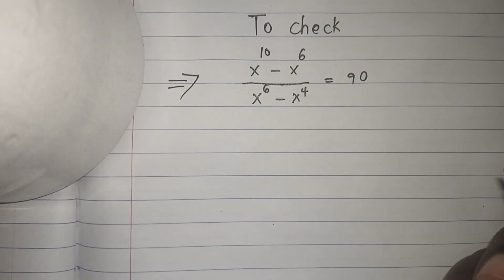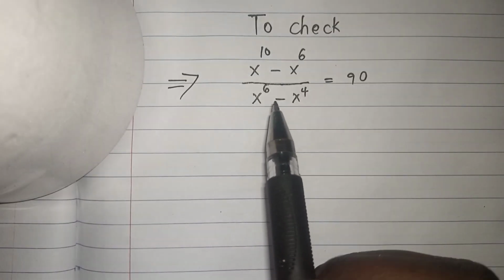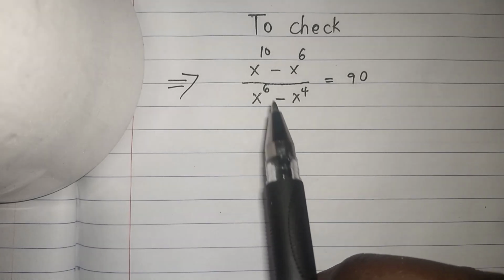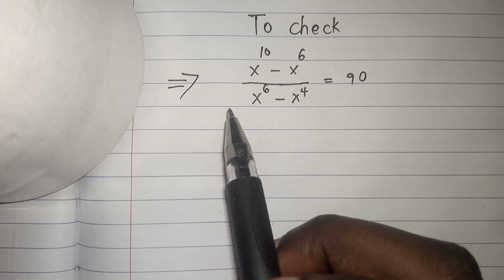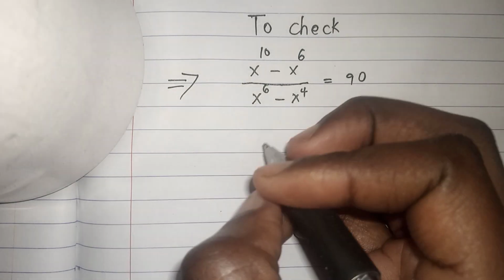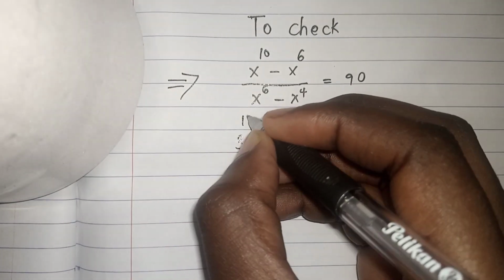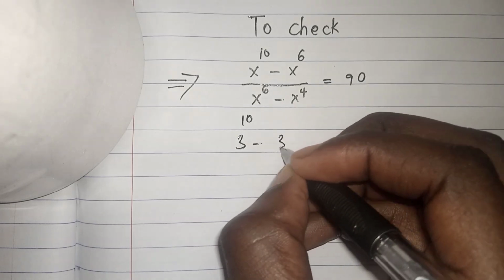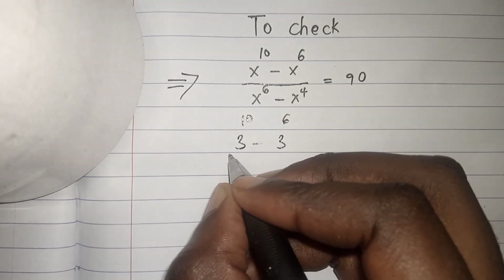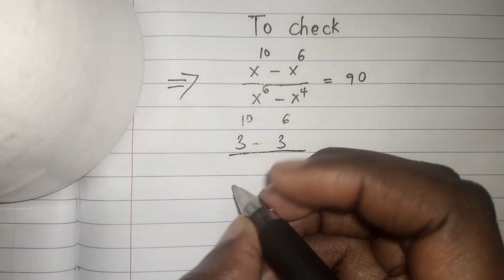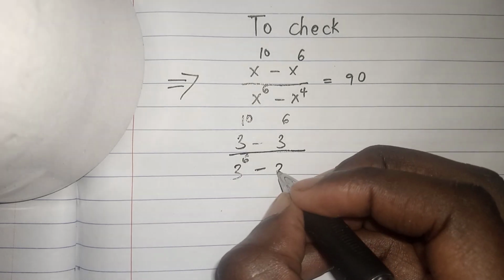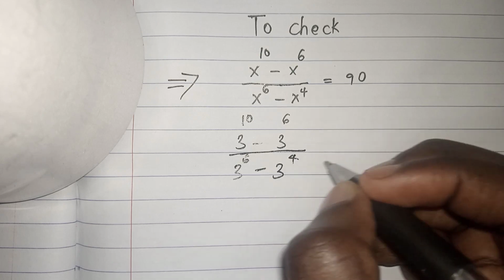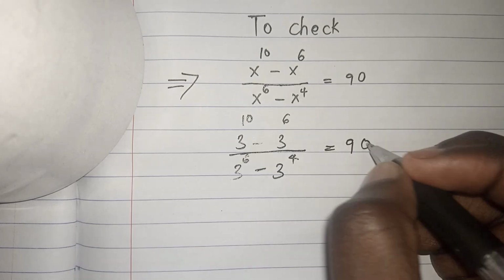So for verification, let us check to see whether x is equal to 3 satisfies our given equation. So where there is x, we are replacing it with 3. So 3 to the power of 10 minus 3 to the power of 6, over 3 to the power of 6 minus 3 to the power of 4, is equal to 90.